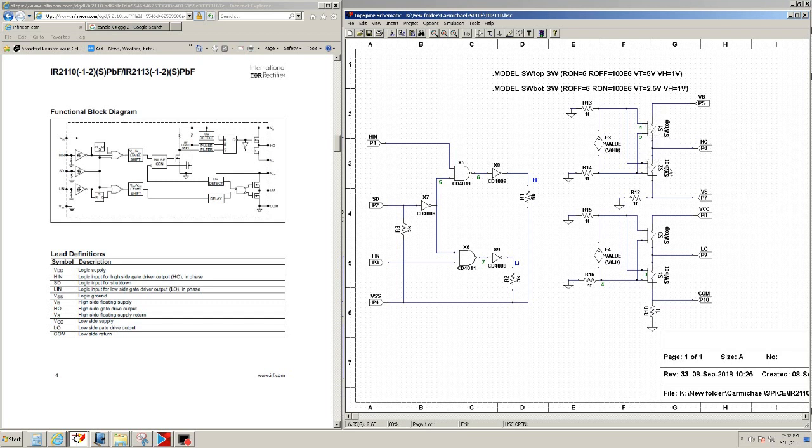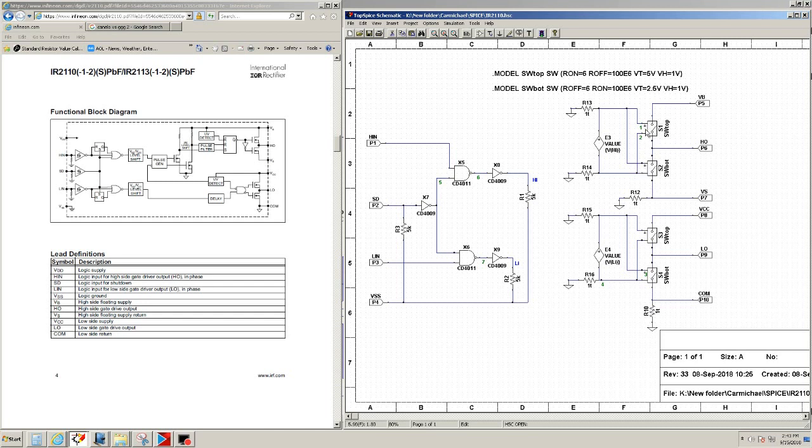I have a top switch and a bottom switch, and these are the models that define how these react. This is the top one. It has an RDS of 6 volts and an off resistance of 100 meg, and this is the threshold voltage with hysteresis. And then the bottom has the same resistance, but slightly different threshold voltage and hysteresis. The reason I have these is so they won't cross conduct.